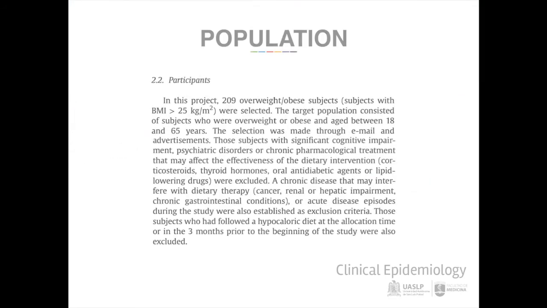Continuing with the evaluation of this article, we can see that the subjects were selected through email and advertisements. It is important to review the data related to the population. For example, the selection criteria.